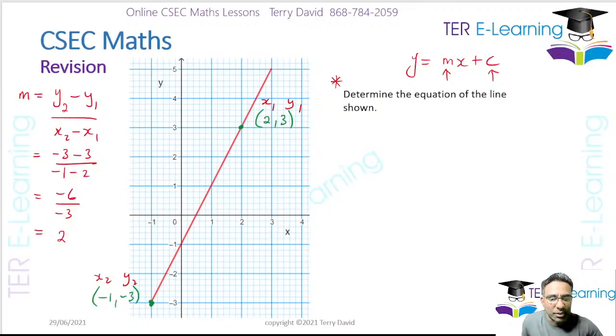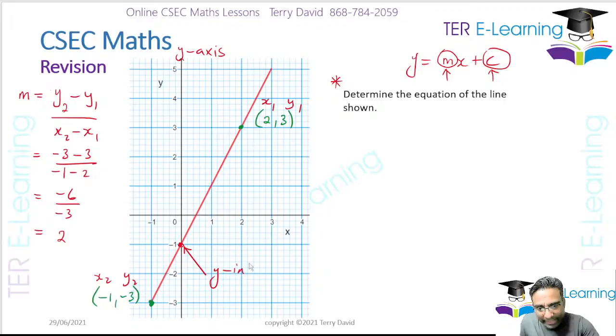All right, so I've just worked out the gradient of the line. So I have m. You know what m is already. You know this value here. Next thing we need to know is c. When CXC gives you a graph, you see this point here where it cuts. Remember, this is my y-axis here. Remember, c is always my y-intercept. So this point here is actually my y-intercept, and it has a coordinate which is 0, -1.